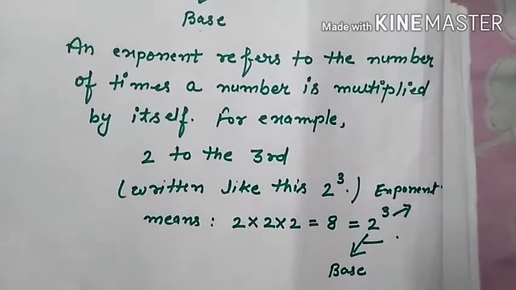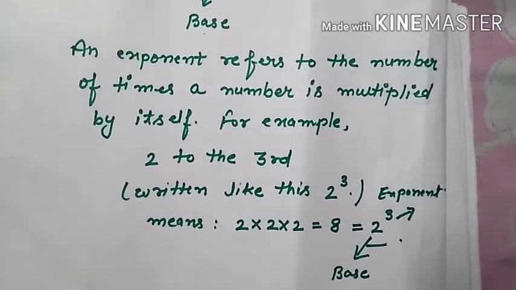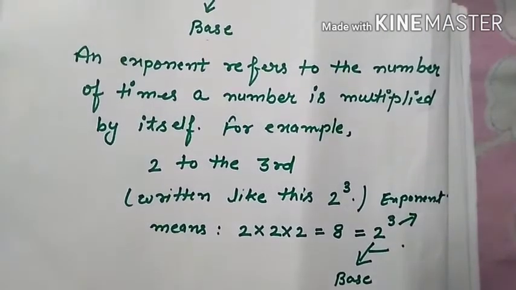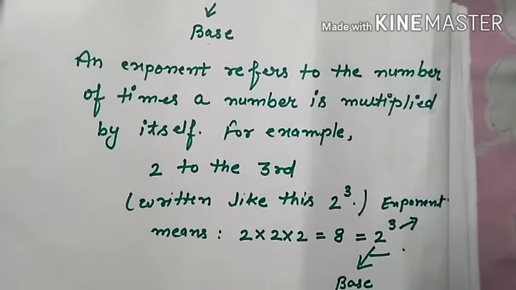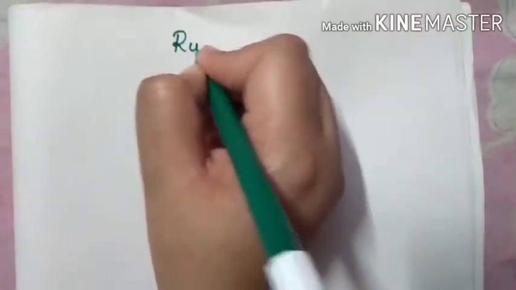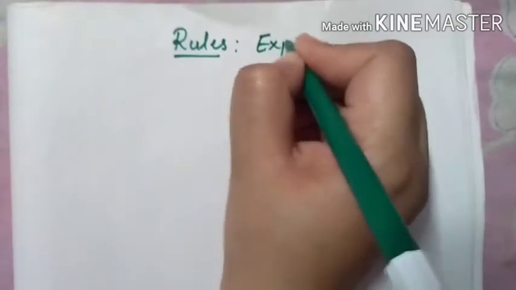Now in this chapter we study its 5 main points, and these main points are the rules of this chapter. Now, rules of exponents.